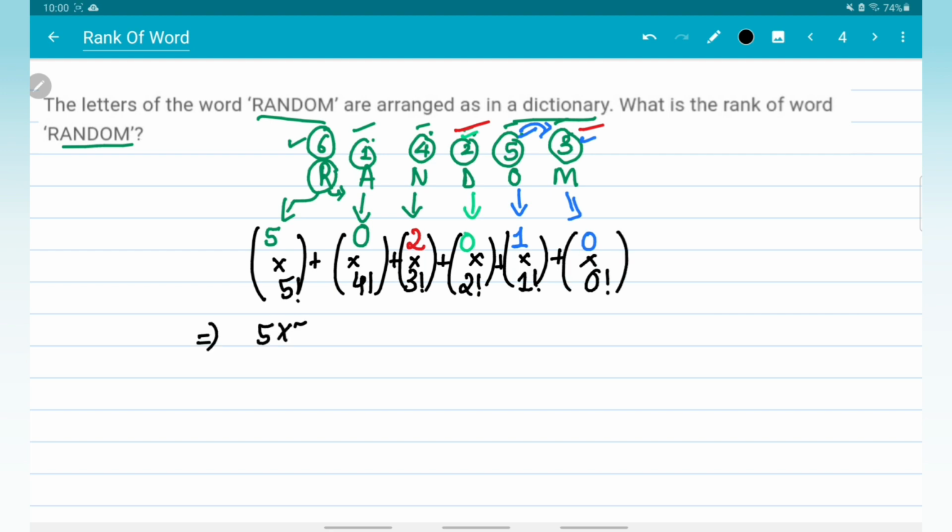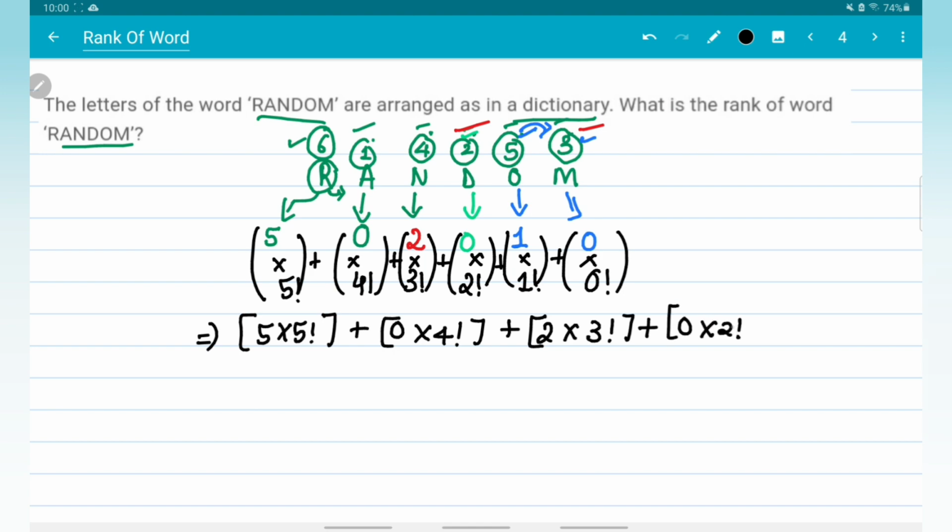So it becomes 5 into 5 factorial plus 0 into 4 factorial plus 2 into 3 factorial plus 0 into 2 factorial plus 1 into 1 factorial plus 0. Okay, so this 0 into 0 factorial is 0.